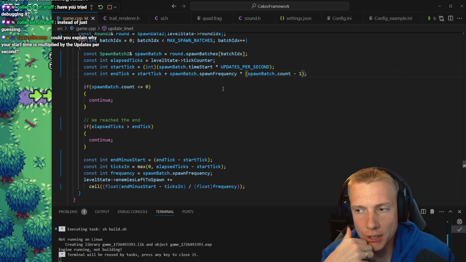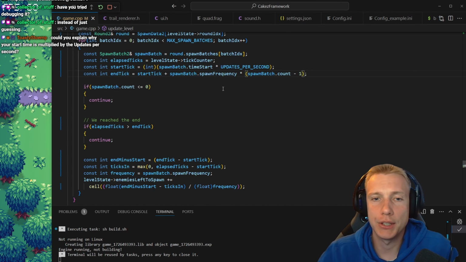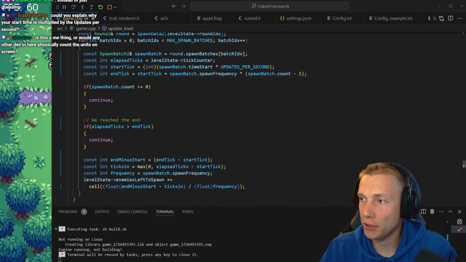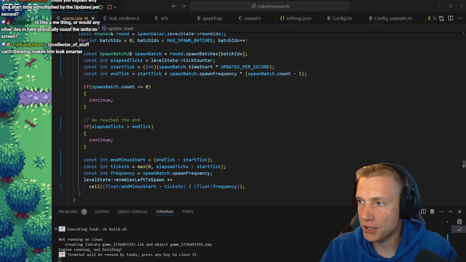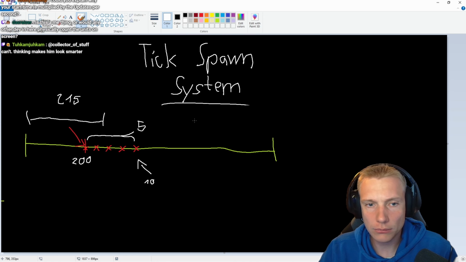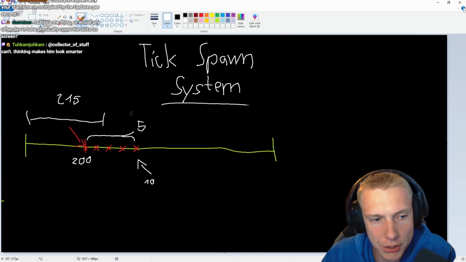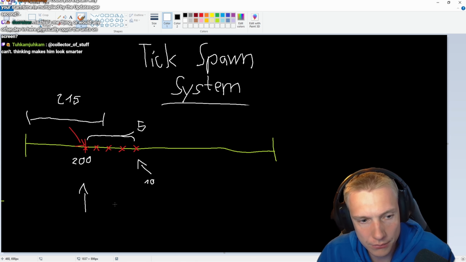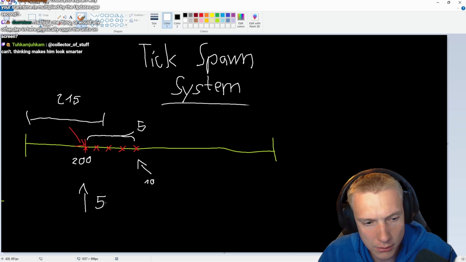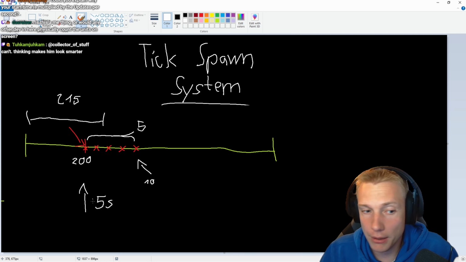There's always one offset. Could you explain why the start time is multiplied by the updates per second? Yes. I actually explained that already. But it's essentially because I have a tick-based spawn system. And I want to say that the enemies spawn at 5 seconds into the level, because I want to work with time.